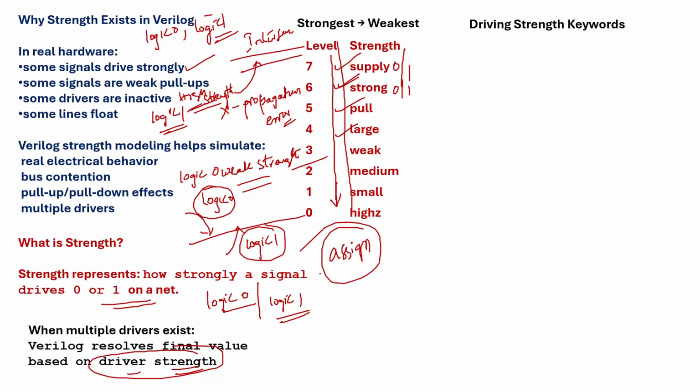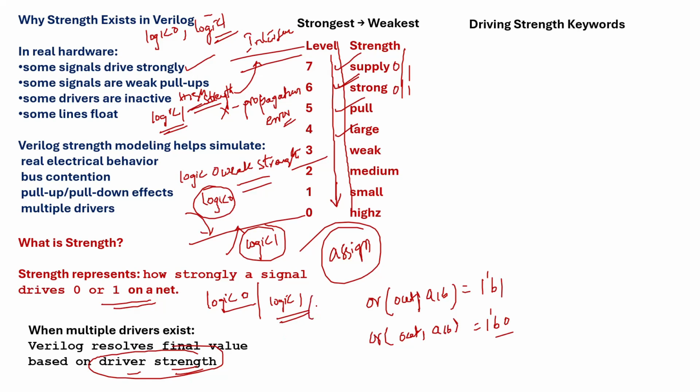During the interview, they will ask you: suppose I have an OR gate or AND gate and I'm getting some output, and that output has inputs A, B. Here I'm getting 1, and the other OR gate, with inputs A, B, gives output 0.